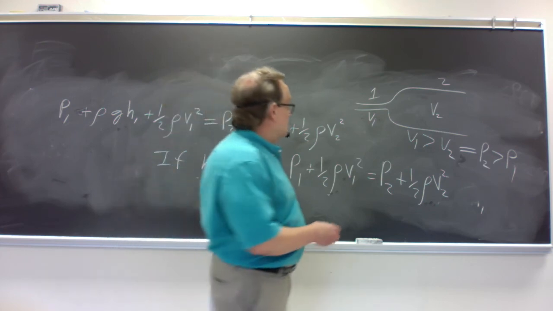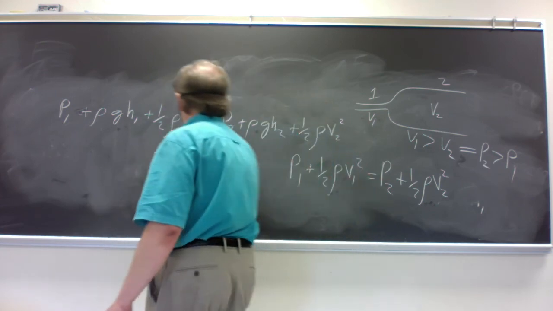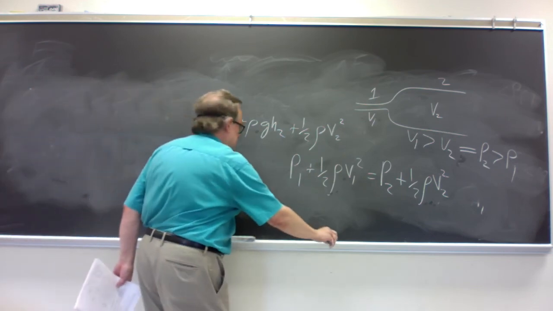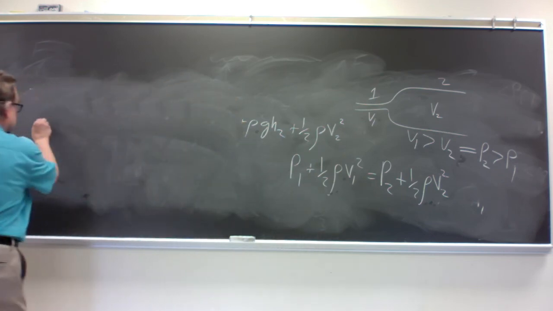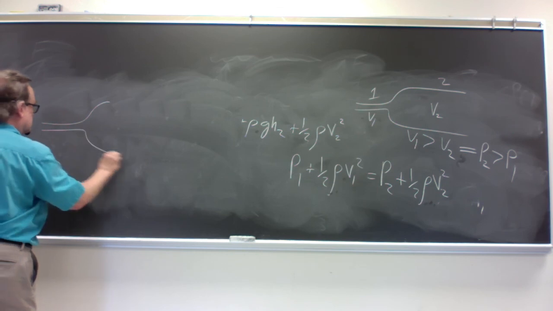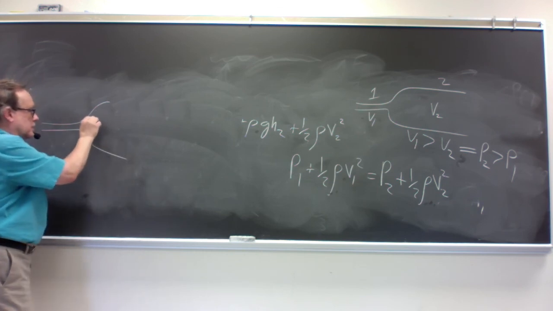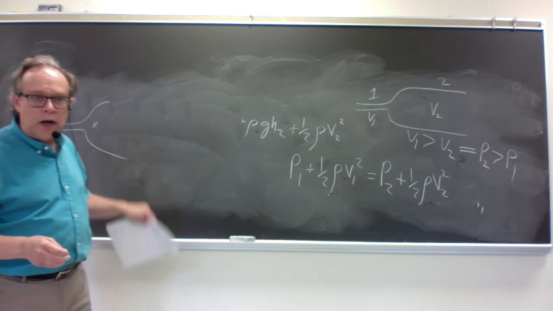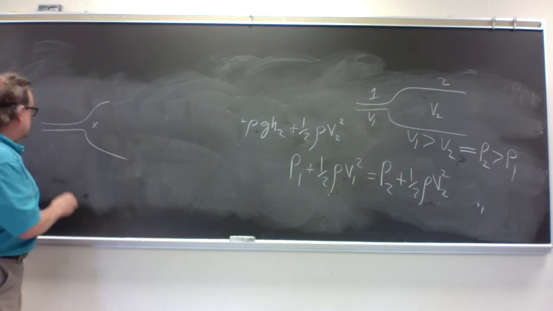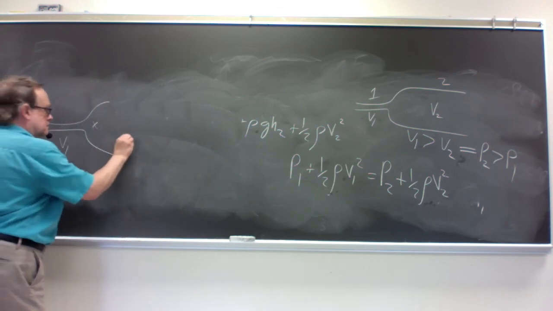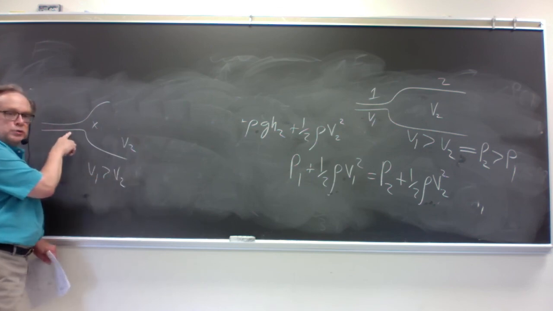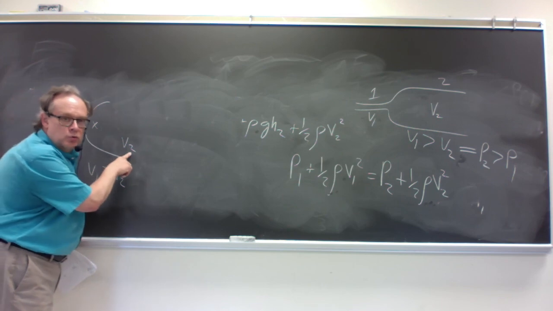Think of it this way. Look right here at the transition between the narrow and the wide part. Here the water was moving at a high speed, here the water is moving at a slow speed.